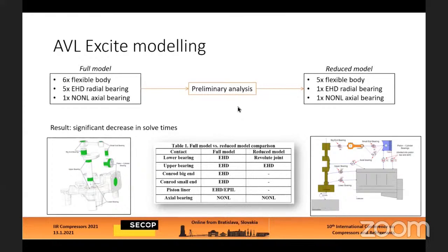When we can identify the critical case we want to dig deeper into, we define the reduced model, which still has 5 flexible bodies, but only 1 EHD bearing. Here we can gain time on solution time. Here we can see the bearings we use in the full model and the reduced model. You will see later that the upper bearing was the one chosen to study deeper.